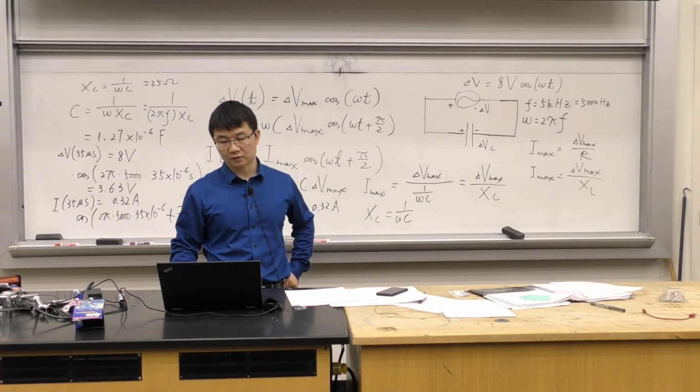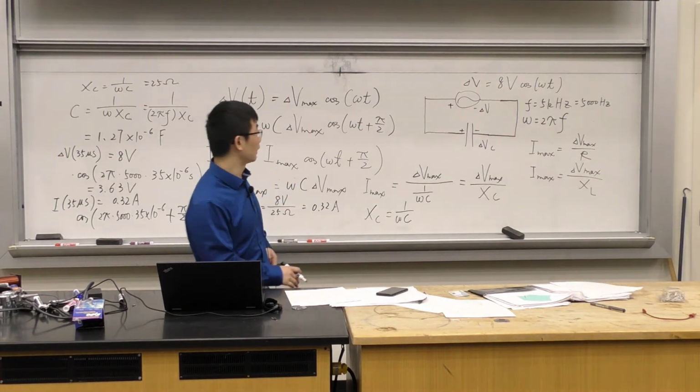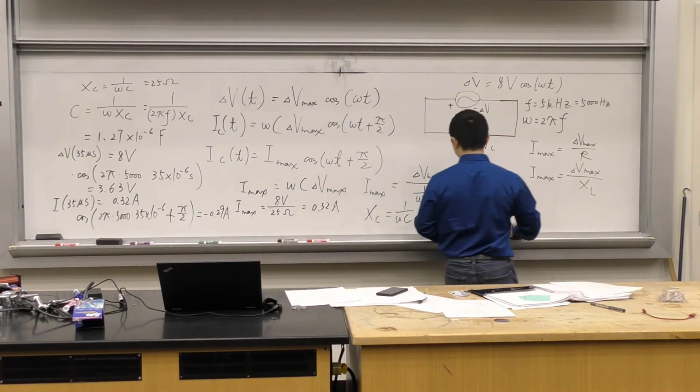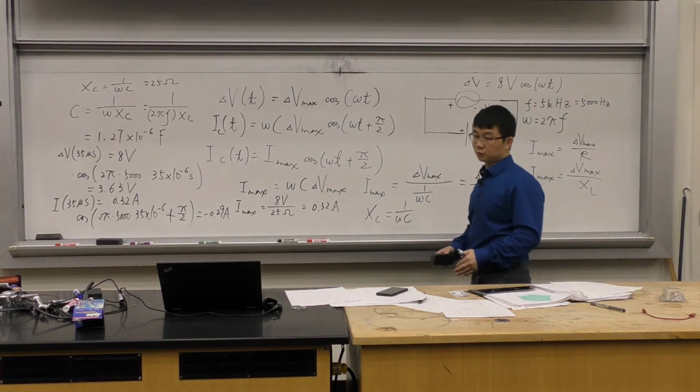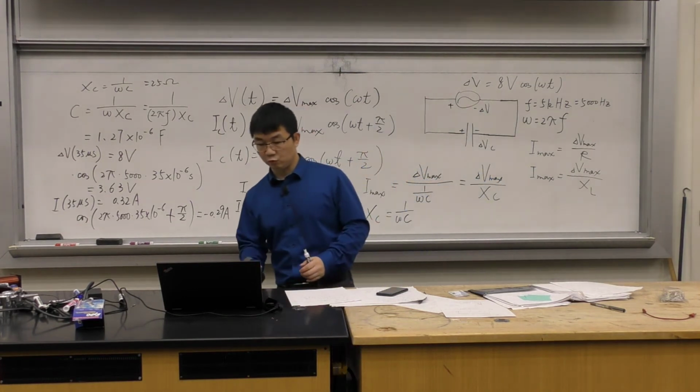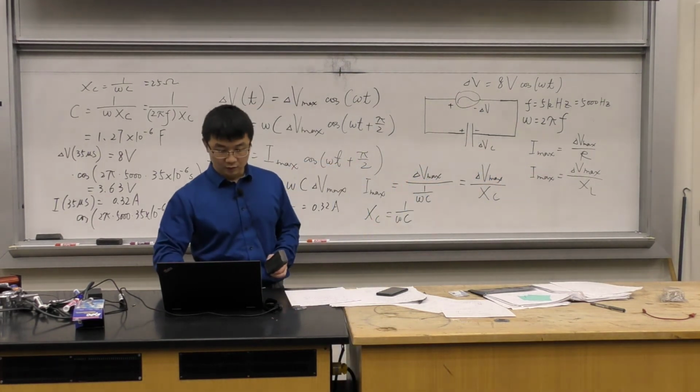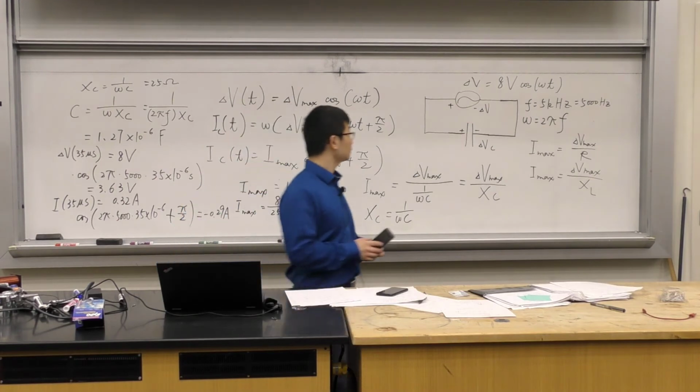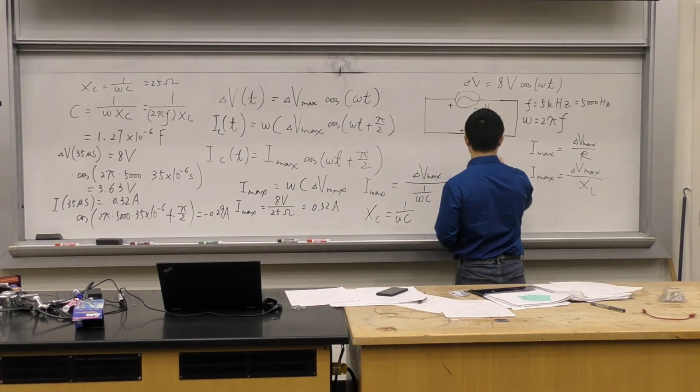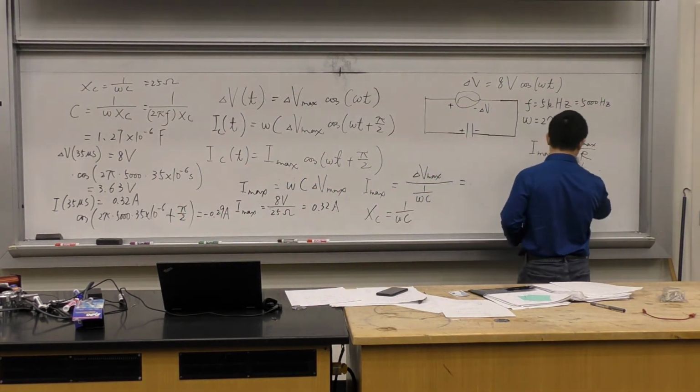So take a look at slide 10. That's called an RLC circuit. You just put all these three things together in one circuit. This is going to become really interesting. Now I'm going to erase all this.